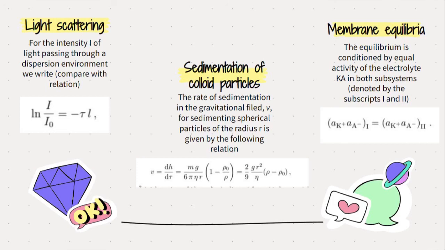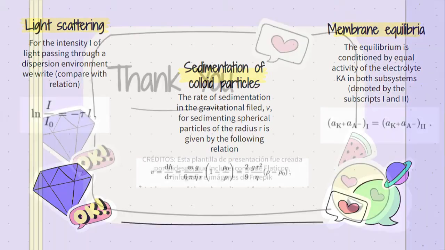It is influenced by the activity of the electric charge of ions, and it is known as the Donnan equilibrium. The equilibrium is conditioned by equal activity of the electrolyte KA in both subsystems, denoted by the subscripts 1 and 2.